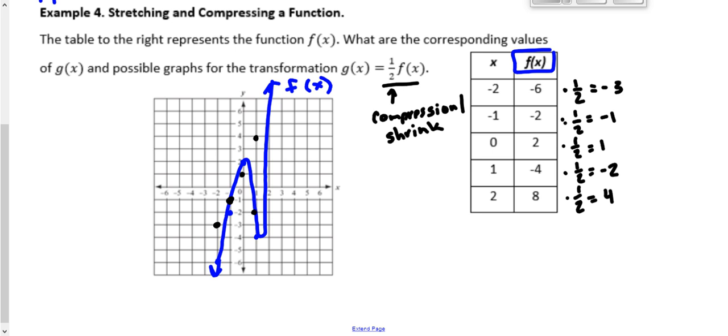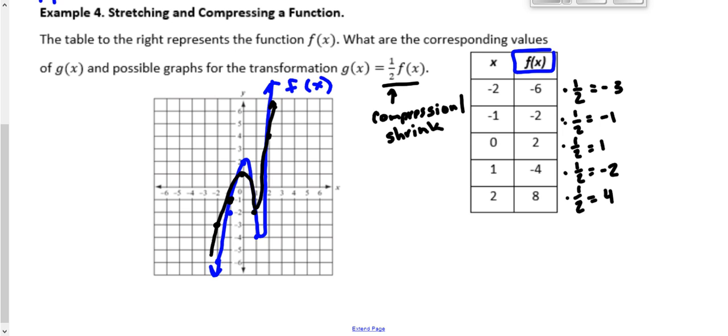I'll put that on the wrong line. At 2, we're going to be at 4. So 2, 4. Okay, so if we follow this along, it's going to have that same shape. But notice that everything kind of got smaller.